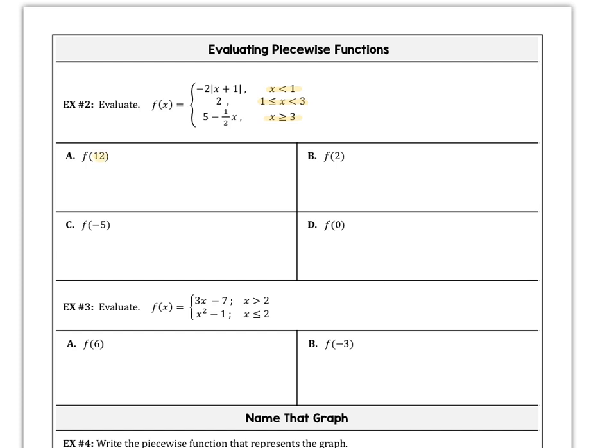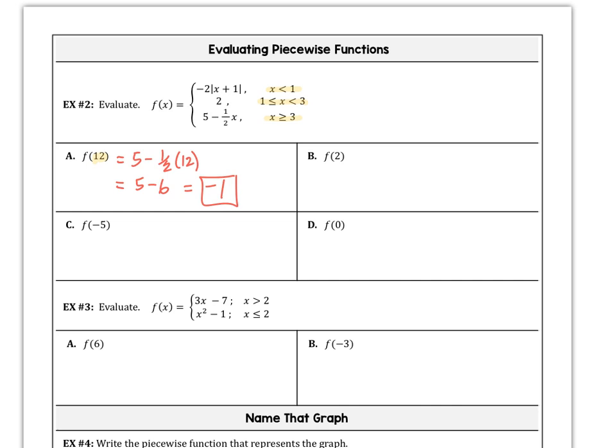So notice on this first one, if f of 12, well, 12 is bigger than 3, so that means I've got to use this last one here. So this gives me 5 minus 1/2 times 12, which is 5 minus 6, which is -1. So you're just using your order of operations once you plug that in.